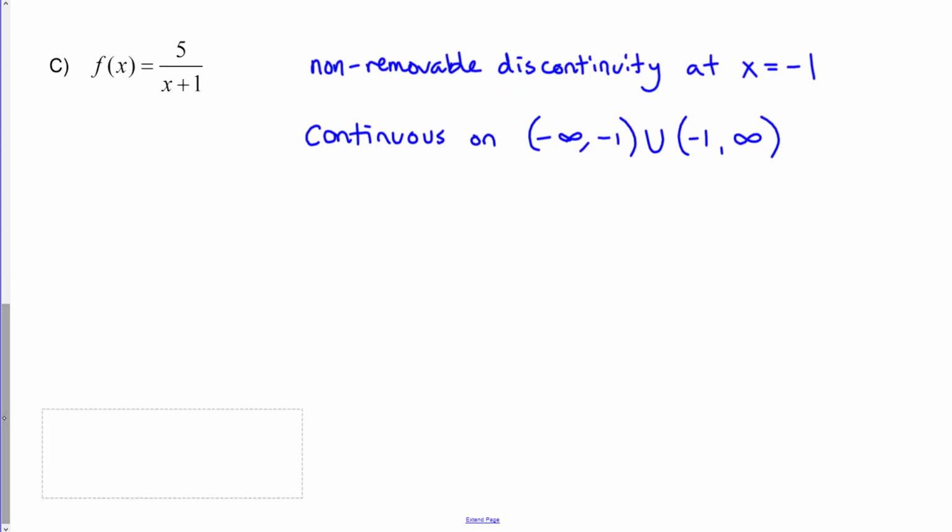The next type of example, I'm going to do a piecewise defined function, because with piecewise defined functions, oftentimes the individual functions are continuous everywhere, but there could be a potential discontinuity where we try and join two functions together.